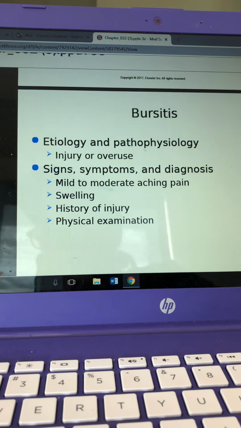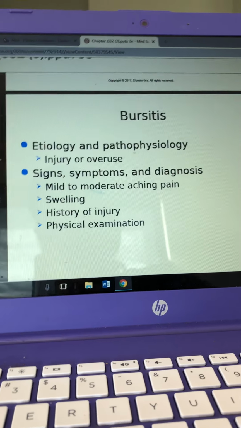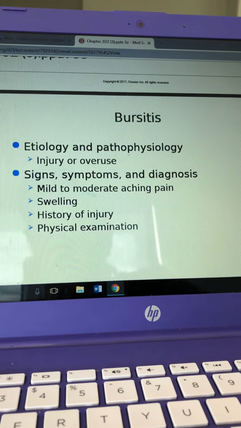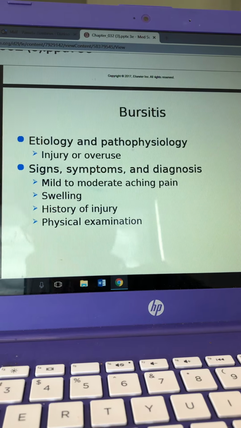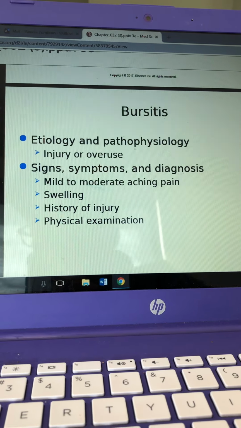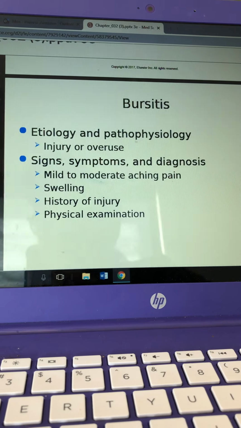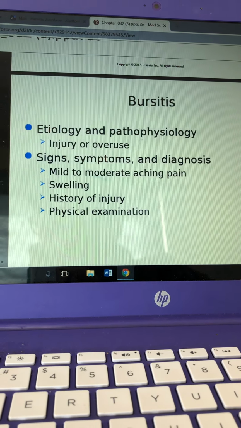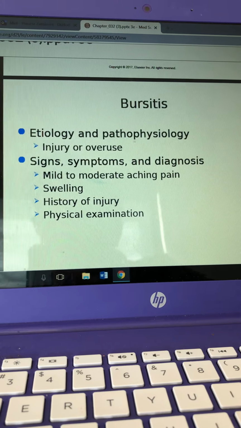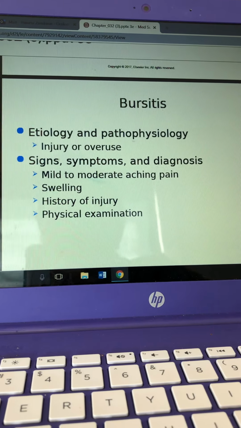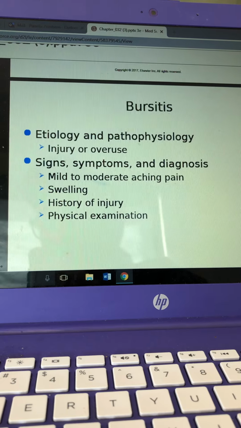And it's usually from overuse. Let's think about someone who gets overzealous and starts running and hasn't been a runner previously. Maybe they're not stretching appropriately. Then they could be at risk for inflammation of the bursa sac, it's called. And it can even rupture.